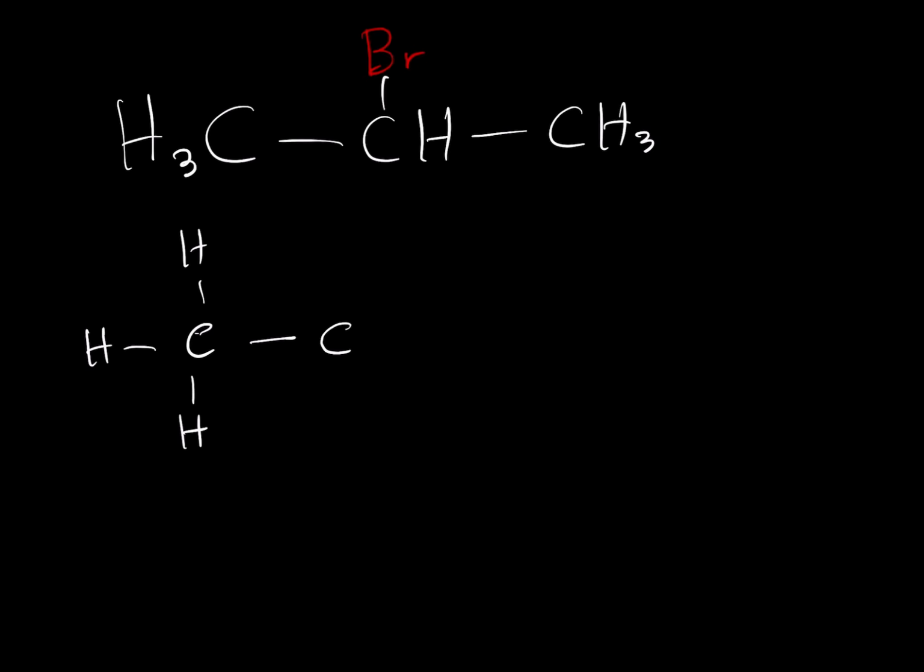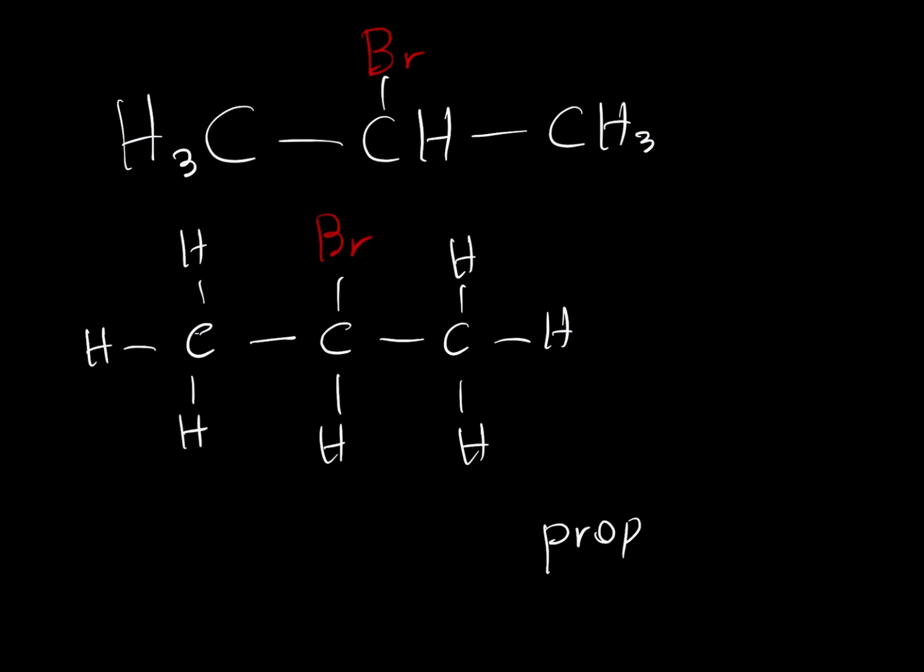We have a CH, then we have the end with a methyl. So in this case, we have again 3 carbons, which is a propane. And then the bromine, notice how it's on carbon number 2, it's in the middle. If it was on the side, one of these carbons would be 1. So in this case, we have a 2-bromopropane.